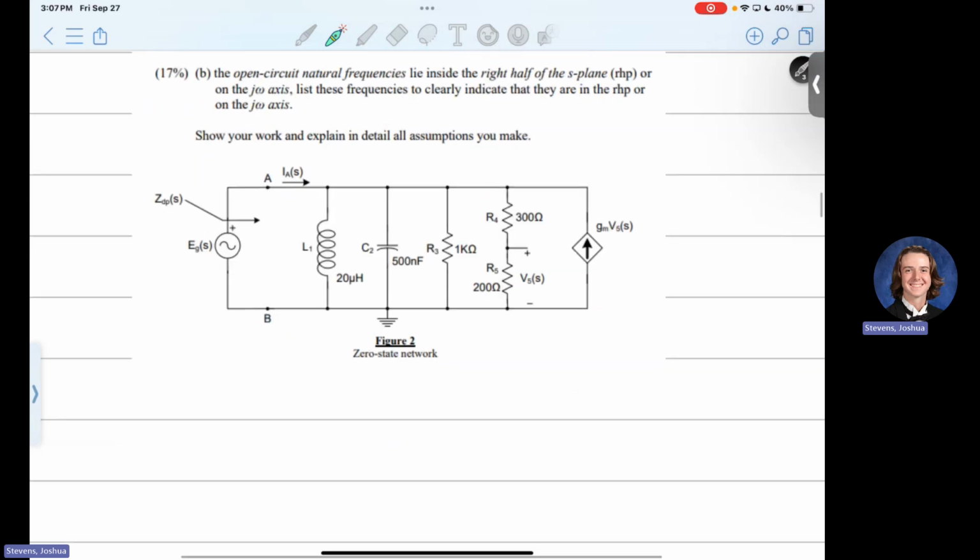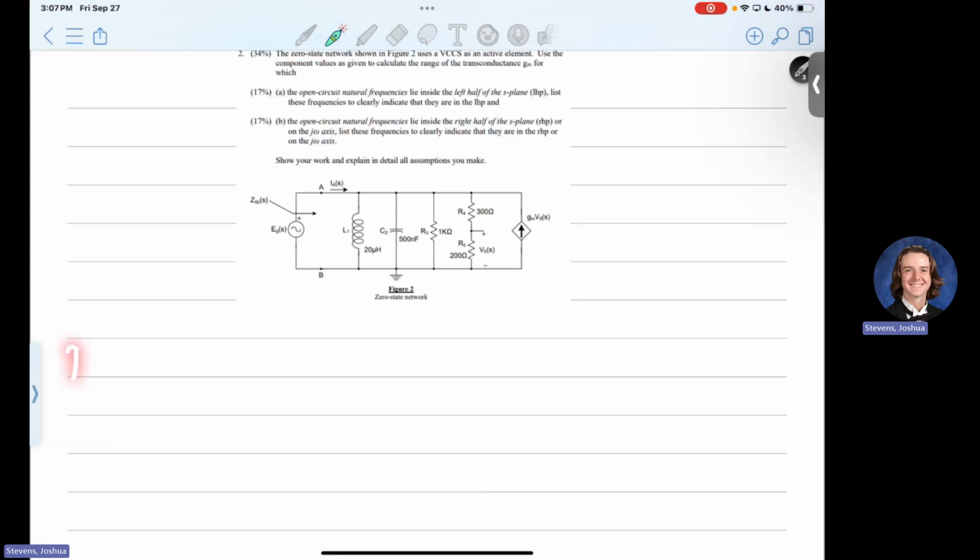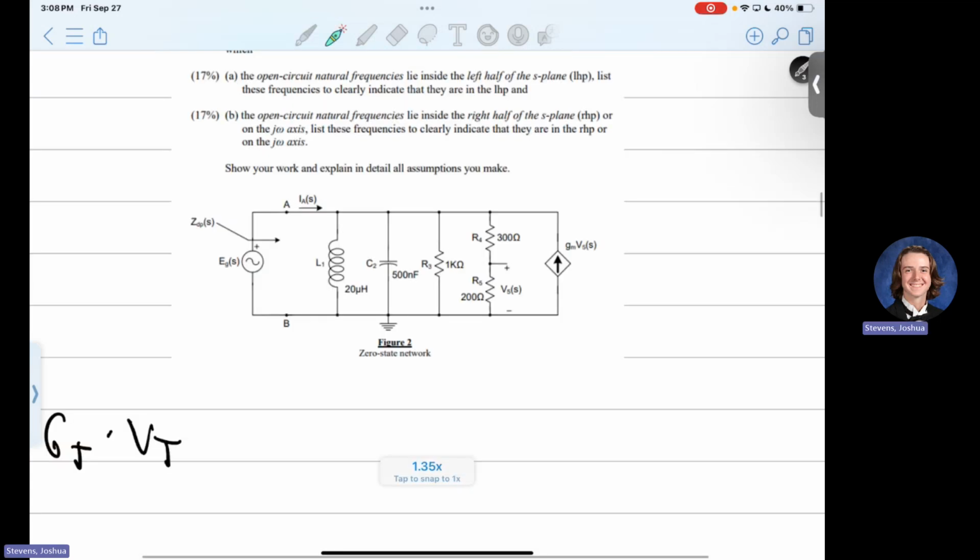At this point we have a current, IA. Current IA is going to equal the total conductance, not transconductance, times our total voltage. Do you agree with my statement? Yeah, conductance.